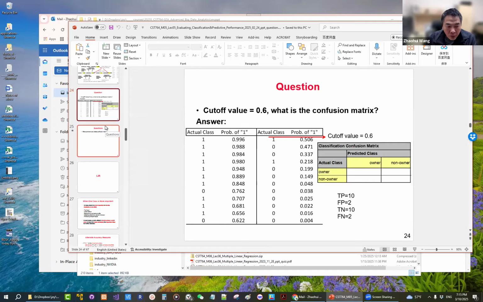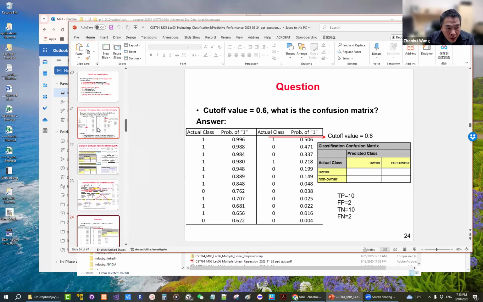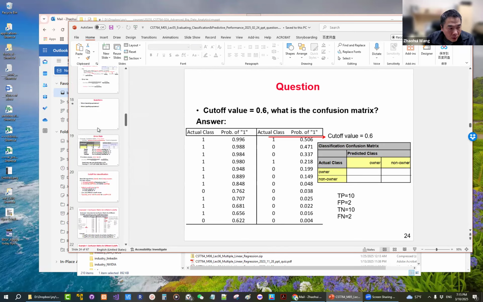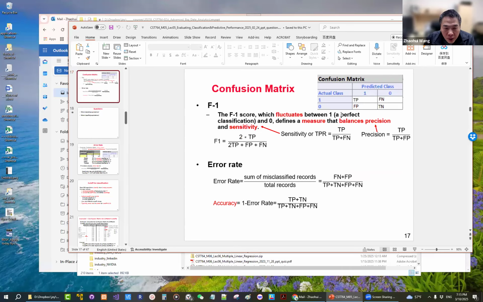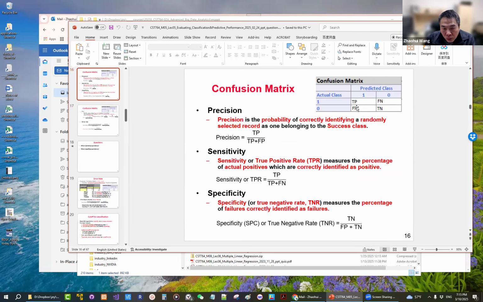Okay, last time we discussed the classification evaluation. We can use the confusion matrix to obtain four values: true positive, false positive, true negative, and false negative.